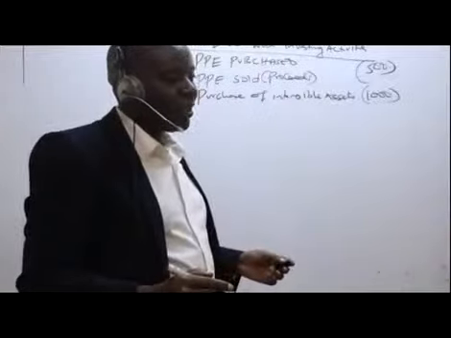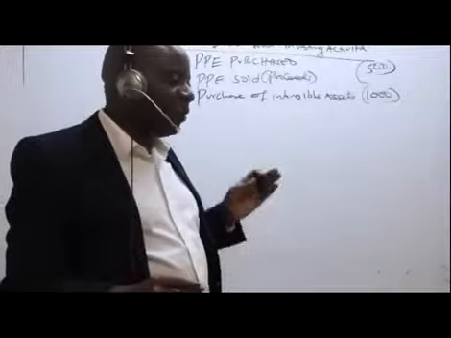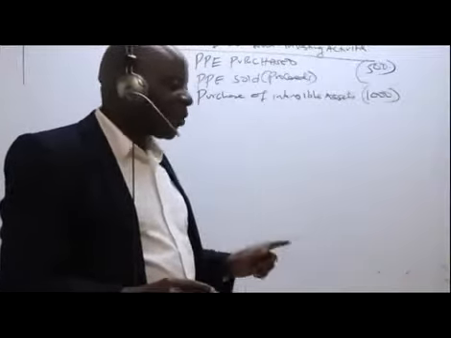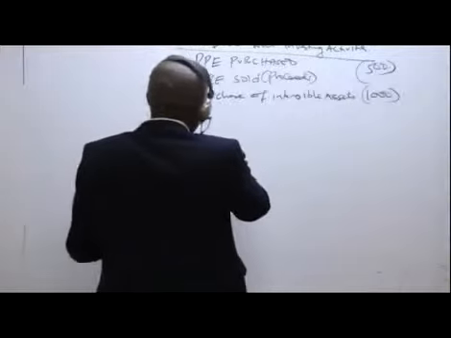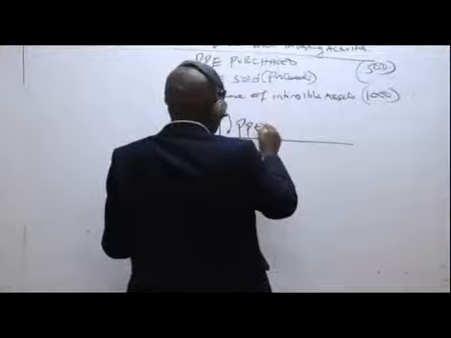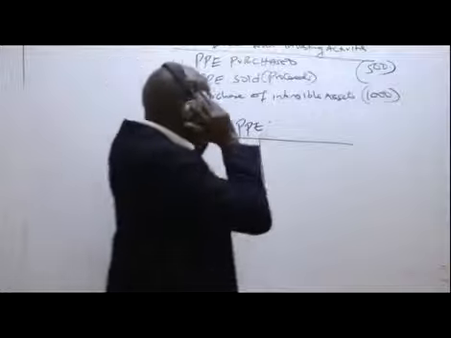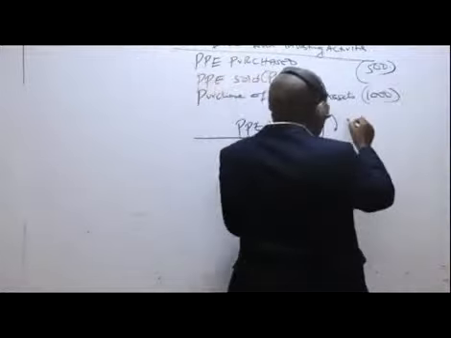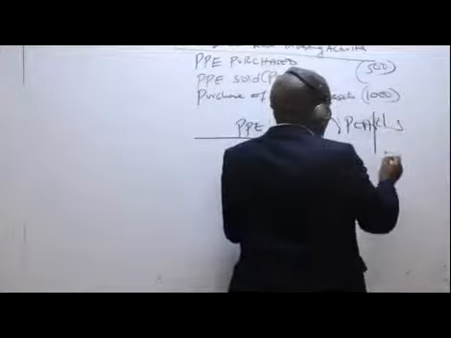Now, to get the proceeds from PPE sold, from my experience, most students would prefer a T account. So PPE. Whenever you're doing a T account, you must remember our acronym PALS.